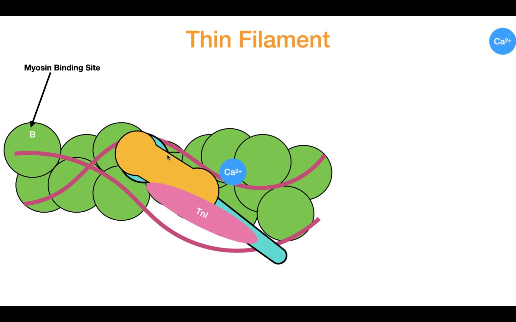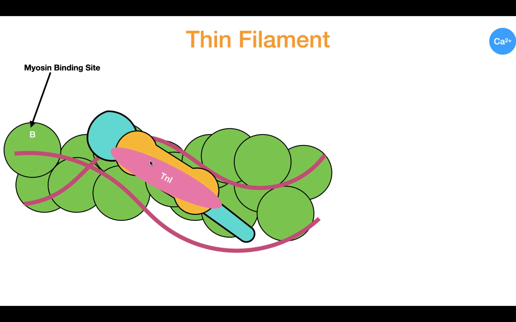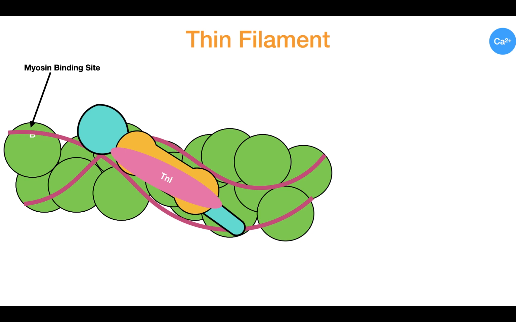When calcium decreases in the cell, calcium will unbind or dissociate from troponin C, which causes troponin I and troponin T to move back to their original places, and then it will move tropomyosin back over the binding site, which will therefore prevent cross bridges from being opened. So that is going to be the thin filament.